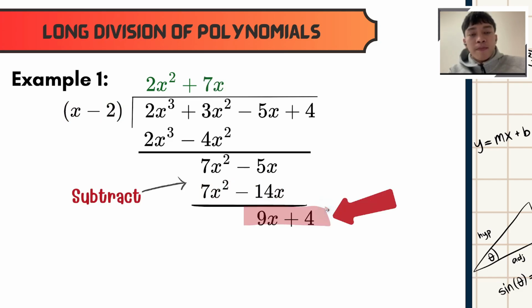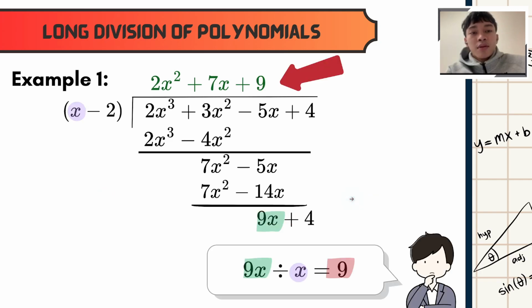Same, 7x squared minus 7x squared is 0. And then negative 5x plus positive 14x is going to be 9x. So we're going to bring down the positive 4.